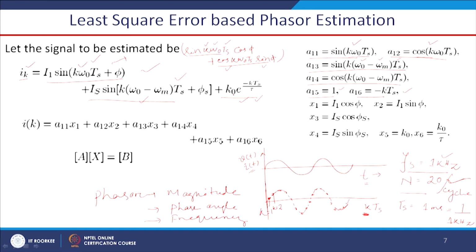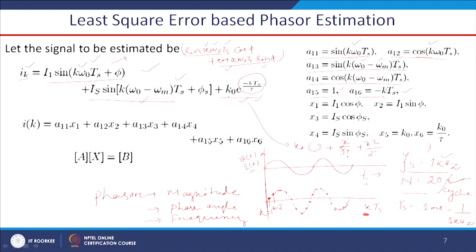If we write e to the power x, how does the equation look? 1 plus x to the power 1 divided by 1 factorial plus x square divided by 2 factorial, and so on. In this equation, what does x stand for? The x is equal to minus kTs divided by tau.